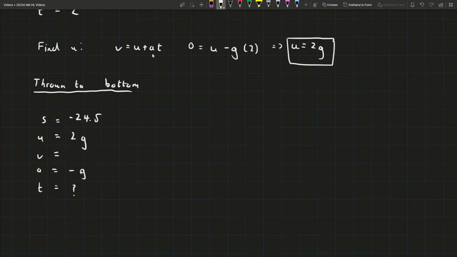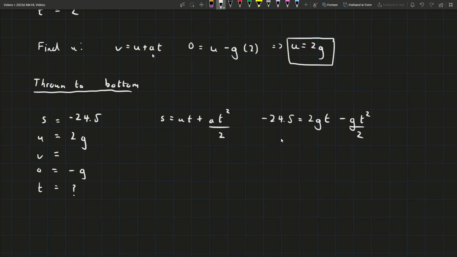We have u, a, t, and s. So that's, of course, s equals ut plus at squared over 2, or half at squared. It's just easier to write like this. Minus 24.5 equals, oh, we're going to have a quadratic equation, 2gt minus gt squared over 2.